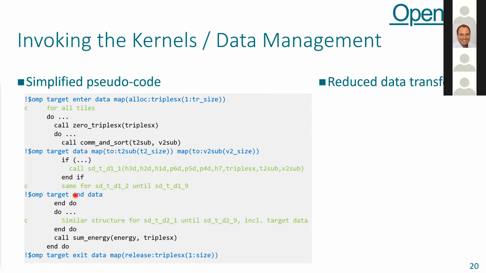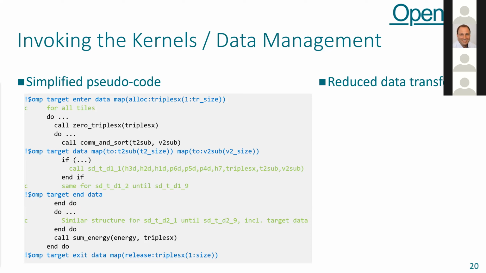And then there's another do loop that pretty much does the same thing. So if a particular kernel has to be invoked, it will select one or many out of those 1 through 9 kernels. And in a different compilation unit, there's another structure that is very similar to that for the remaining 9 kernels, so that you end up with 27 kernels of the same structure.